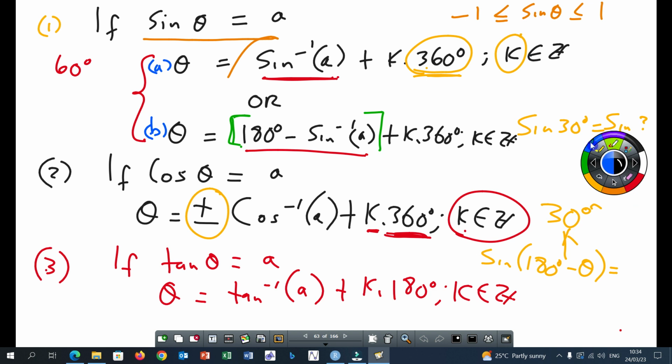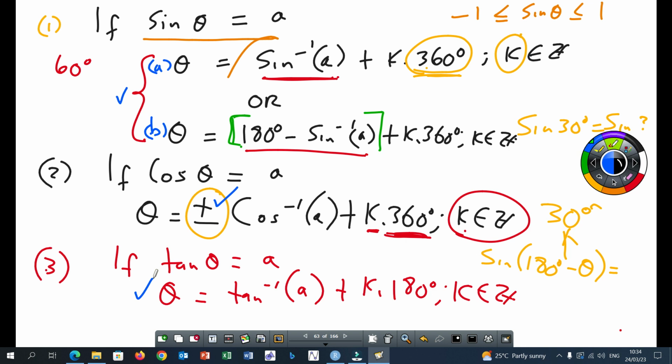We have 2 for sine, 2 for cos, and 1 for tan. Total 5.